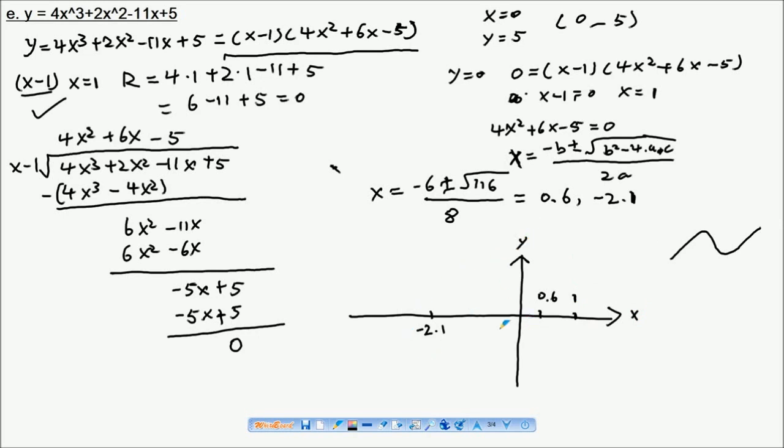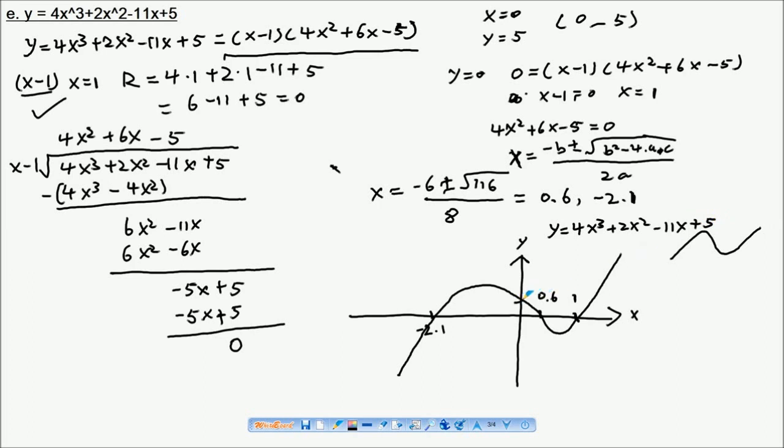So it's going to be like this. This is our equation: y equals 4x cubed plus 2x squared minus 11x plus 5.